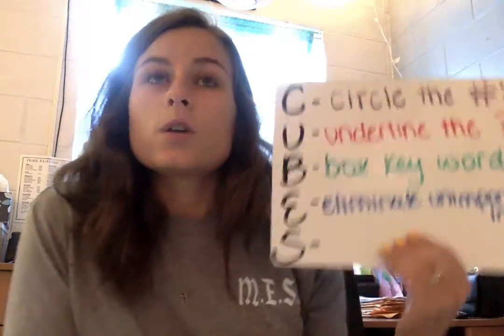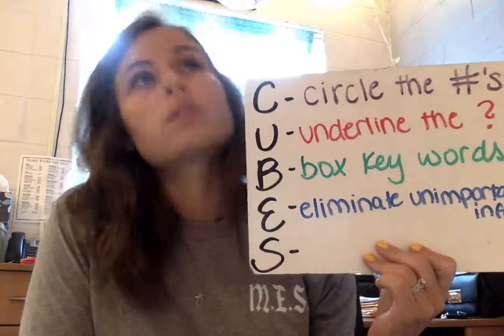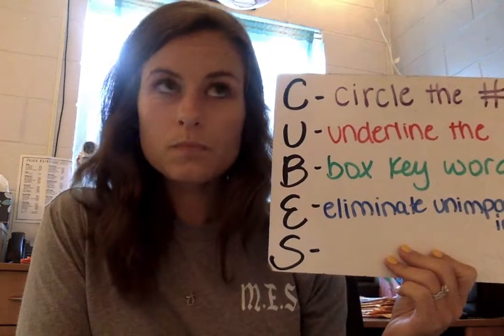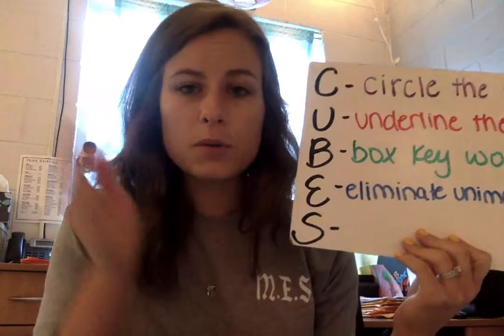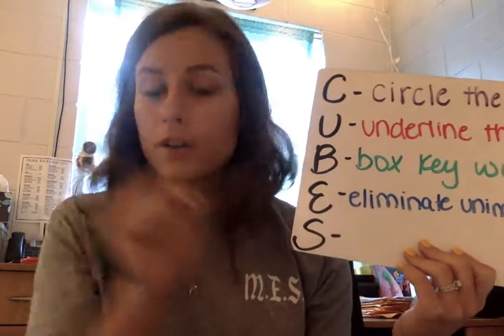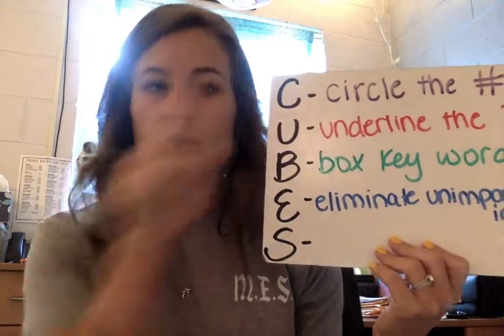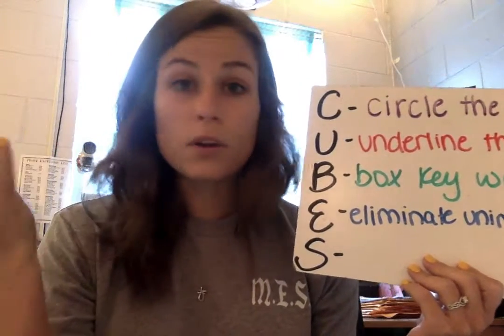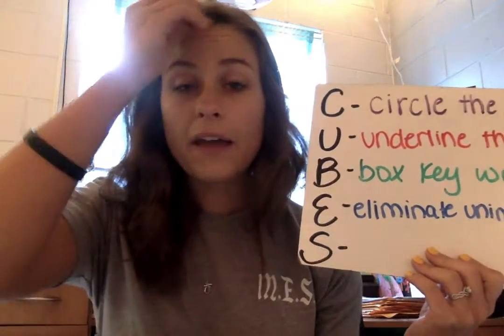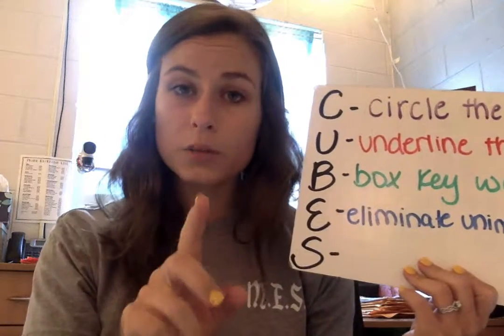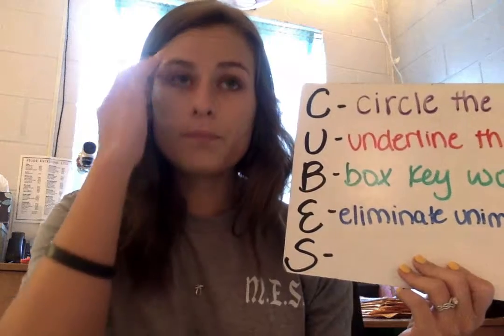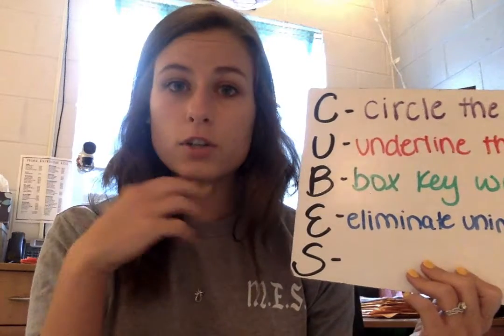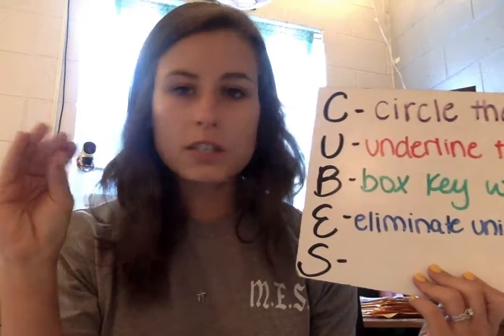So if you're solving a problem about however many dogs there are at the park, and all of a sudden it gives you information about a cat, eliminate it. Just draw a line through it. We don't need that information. And that happens sometimes. Be careful not to eliminate information you actually need, though. So read the problem carefully. But any information that's just extra, thrown in there to throw you off, just eliminate. Draw a line through it.